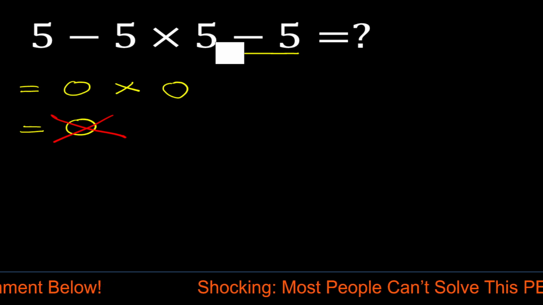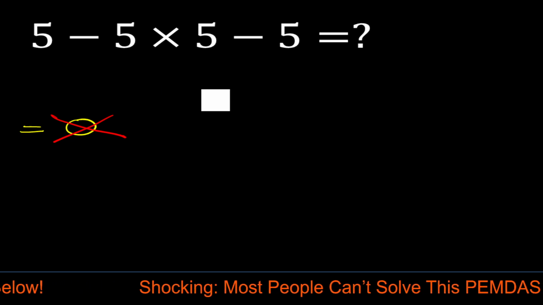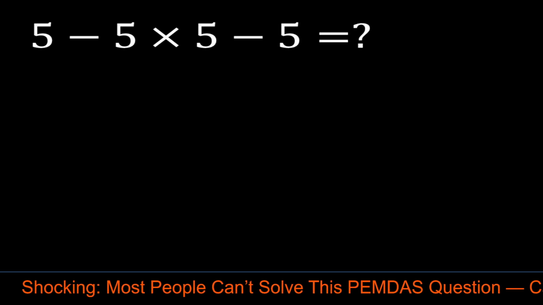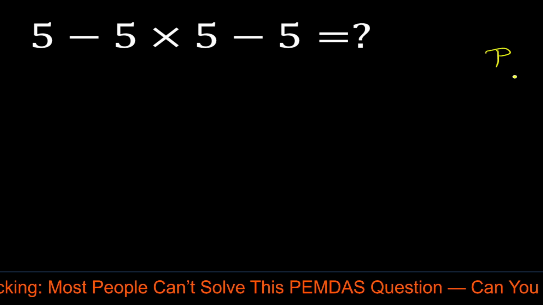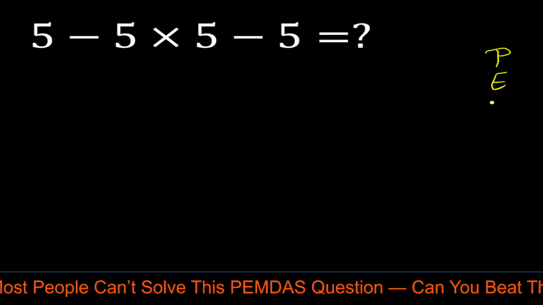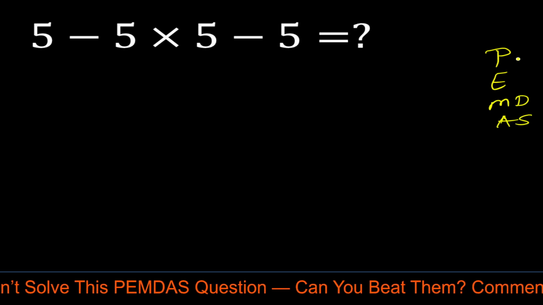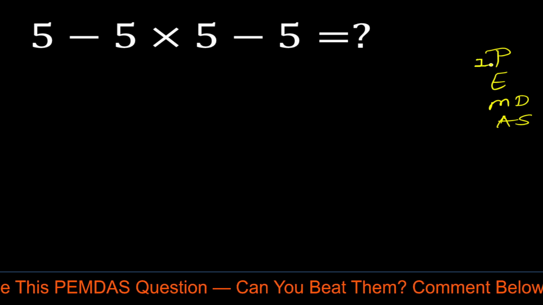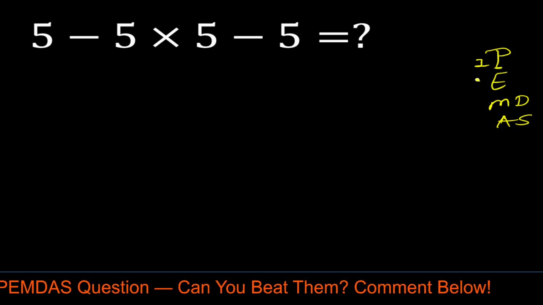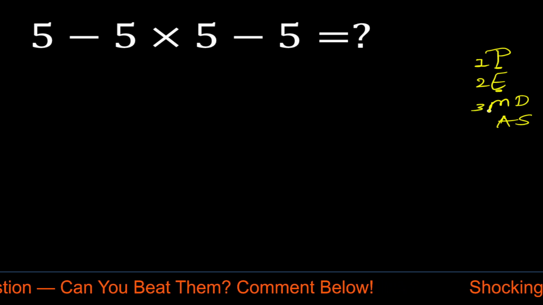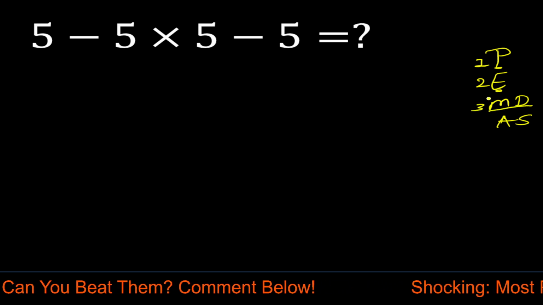So now let's solve this problem correctly by using the PEMDAS rule, right? PEMDAS. According to the PEMDAS rule, first priority is parentheses, then second priority is exponents, then third priority is multiplication and division.